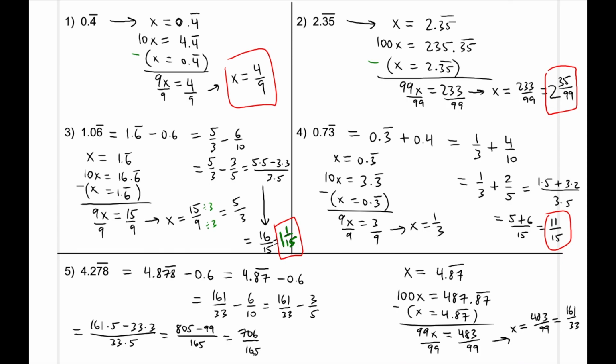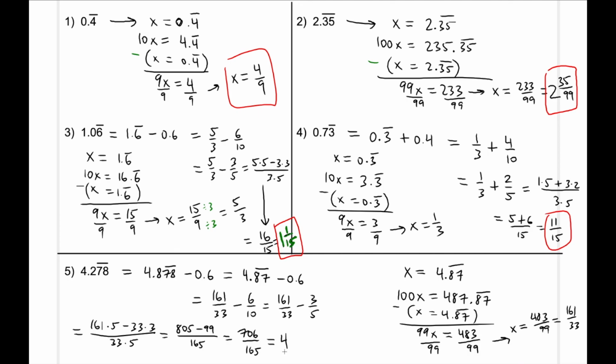Now, how many times does 165 go into 706? Your answer is actually right there. It's 4 times, because this quantity is represented by the given mixed repeating decimal. So 4 is definitely that whole number that we're looking at in the mixed fraction.